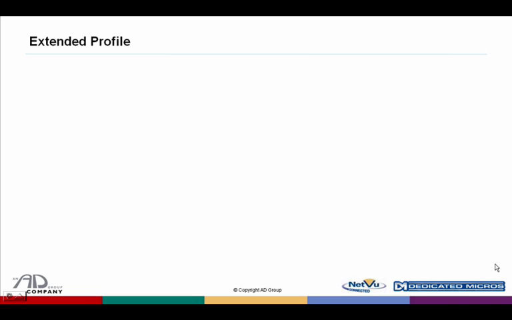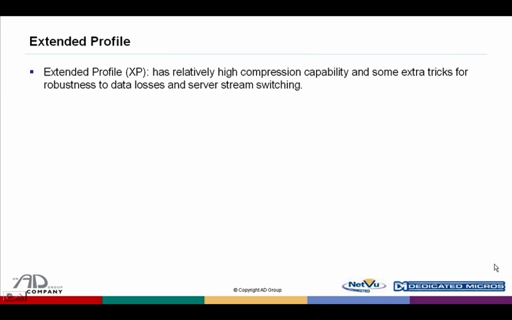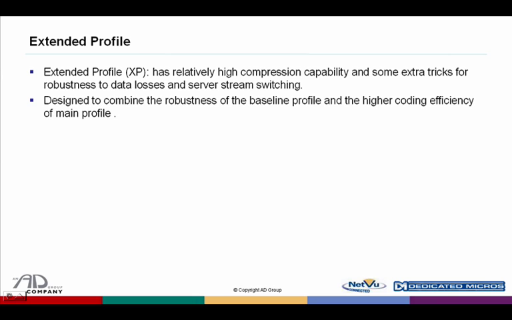And then the final profile of the original three as defined by H.264 is the extended profile. Similar to main, it has high compression capability. It also adds some extra tools to provide extra robustness in varying network environments, and it also includes the robustness of the baseline profile.